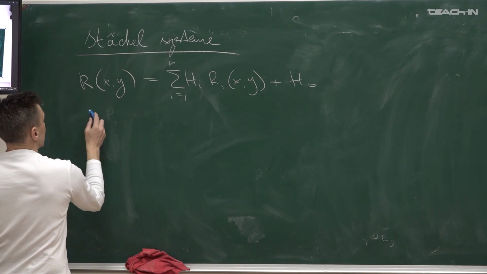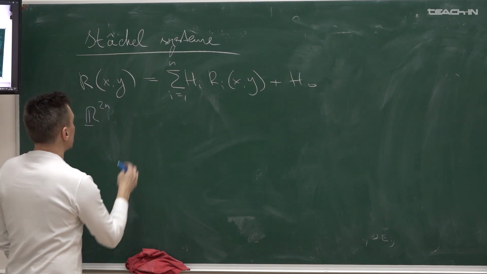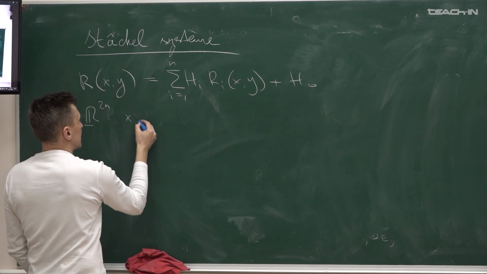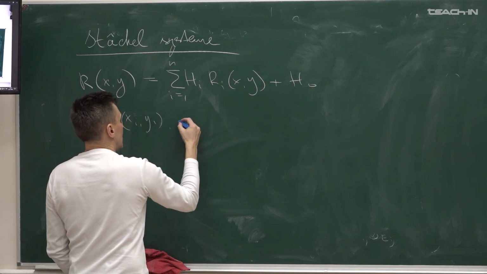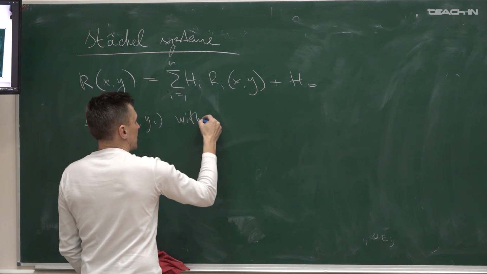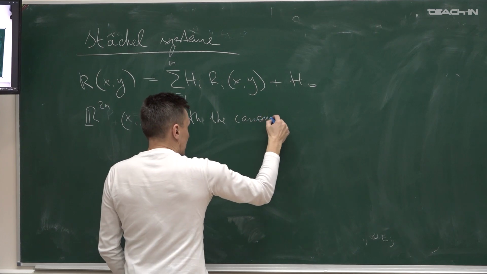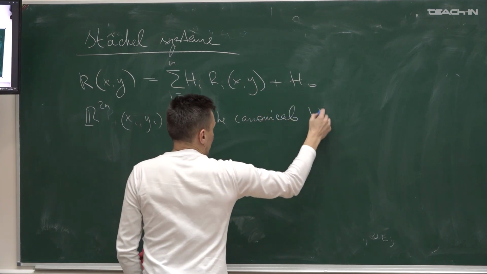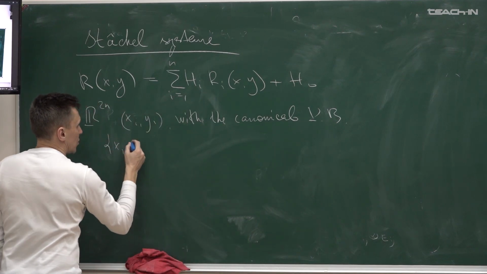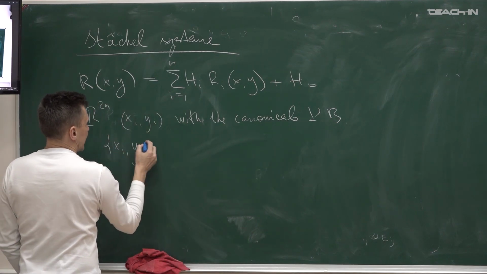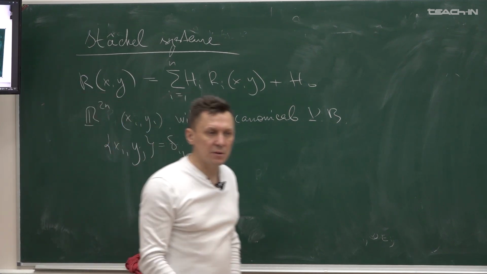And now we consider the phase space R^2n of variables x_i, y_i with the canonical Poisson bracket. It means that the bracket of x_i, y_j is delta_ij, and all other brackets are trivial.